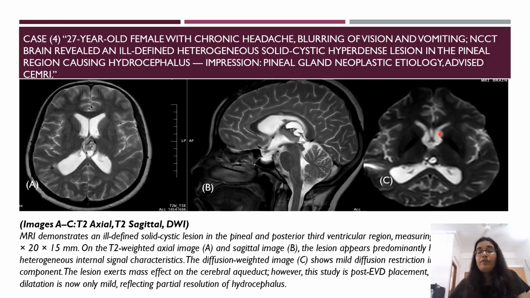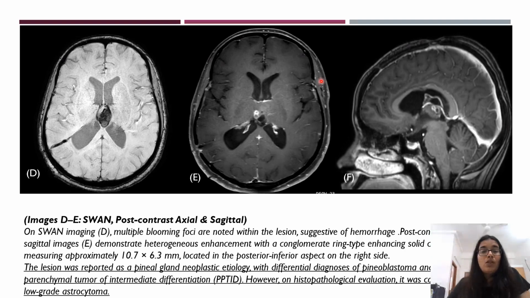On diffusion weighted imaging, there are foci of diffusion restriction in solid component. However, this is a post EVD placement case, reflecting partial resolution of hydrocephalus. On SWAN imaging, there are multiple foci of blooming within the lesion, suggestive of hemorrhage or calcification.